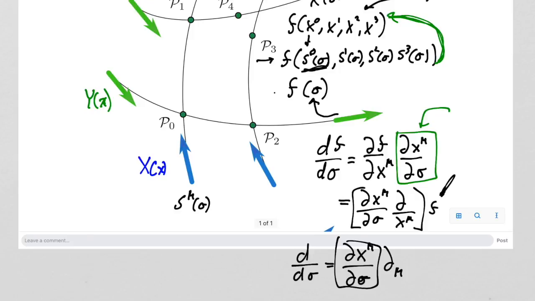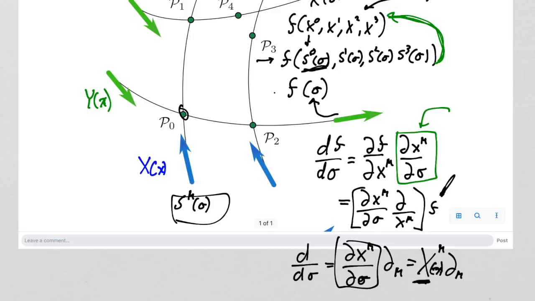And this guy here actually becomes the vector field of tangency to the curve, and this is the specific curve S. So basically we've defined a vector field in terms of a single curve that goes through, say, this point P0. So if I wanted to do this at P0, remember this is going to still be a function on the space-time, right? Everything's a function on the space-time.